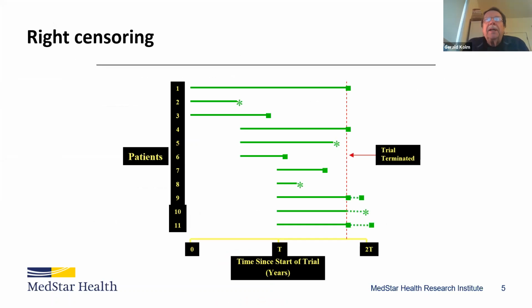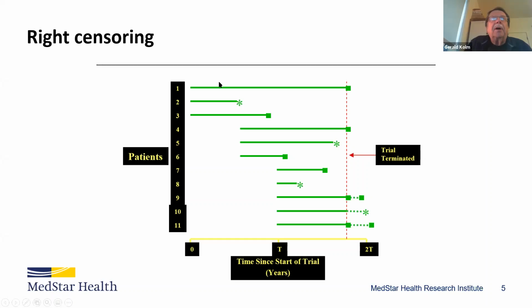So let me give you an example here of right censoring, what we mean by that. Here we have several patients, and time from the start of the trial is on the horizontal axis. Then we have a point at which the trial is terminated.